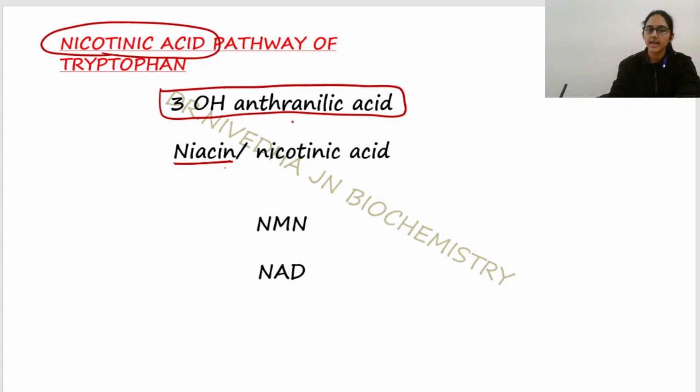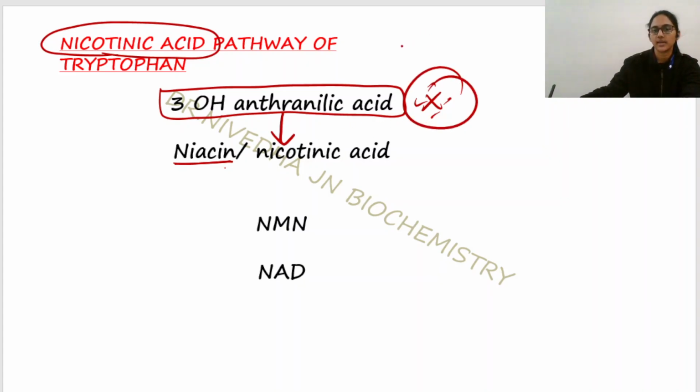So 3-hydroxyanthranilic acid forms niacin. That is why this product is important. That is why in B6 deficiency, when this is not formed, niacin is not formed and it leads to pellagra-like symptoms.